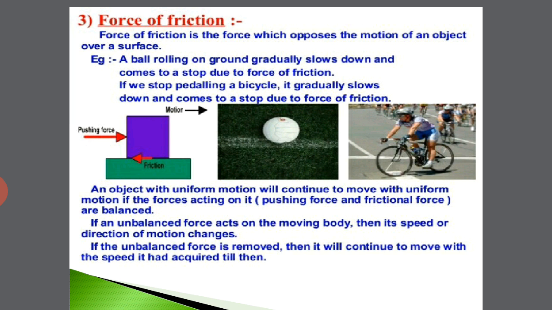An object with uniform motion will continue to move with uniform motion if the forces acting on it, pushing force and friction force, are balanced. If an unbalanced force acts on the moving body, then its speed or direction of motion changes. If the unbalanced force is removed, then it will continue to move with the speed it had acquired till then.